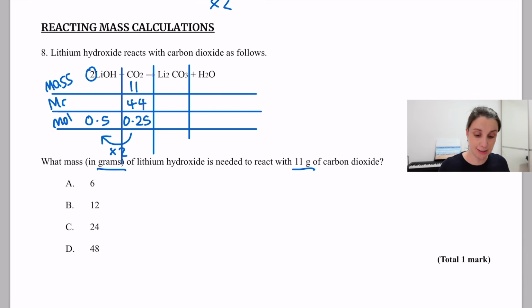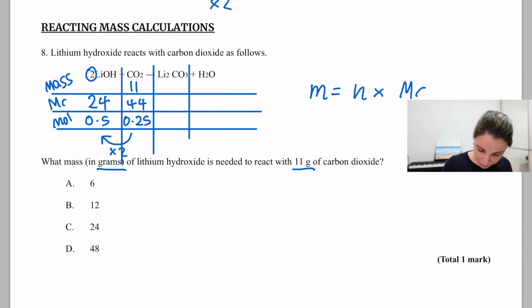The formula mass of that lithium hydroxide is 24 overall. Convince yourself of that with your periodic tables. And then if we use the equation mass equals moles times formula mass, we can then times these two together to give me the answer, which is 12 grams overall.